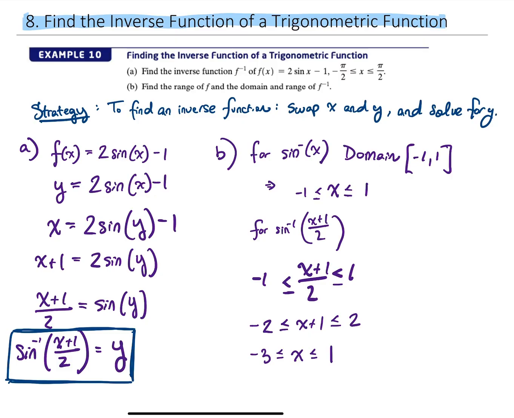So x is between -3 and +1 when we're considering this x inside of this inverse sine function. So that will give us our domain. So I can say the domain of this inverse function is in between -3 and 1.